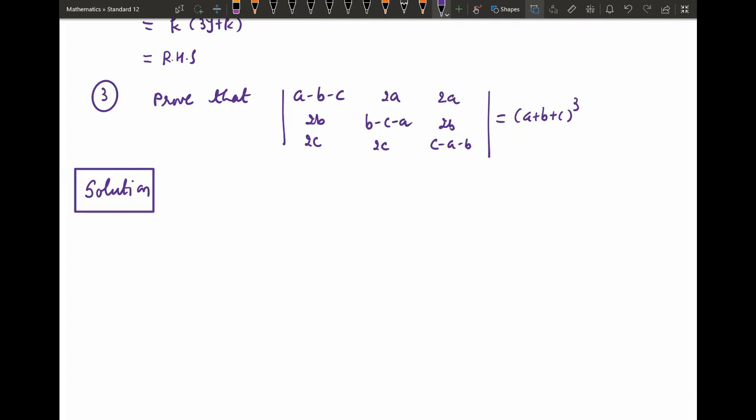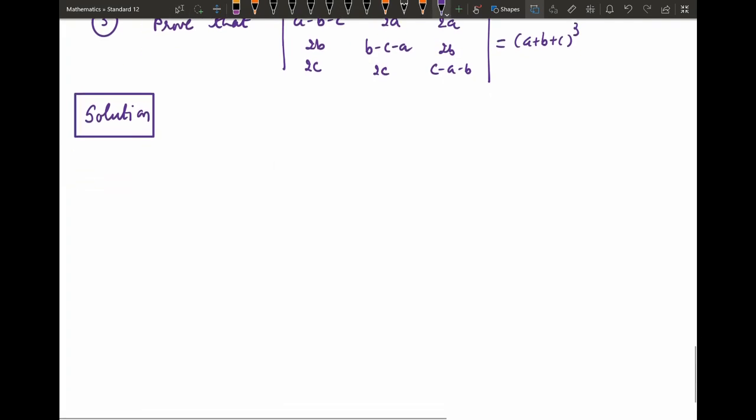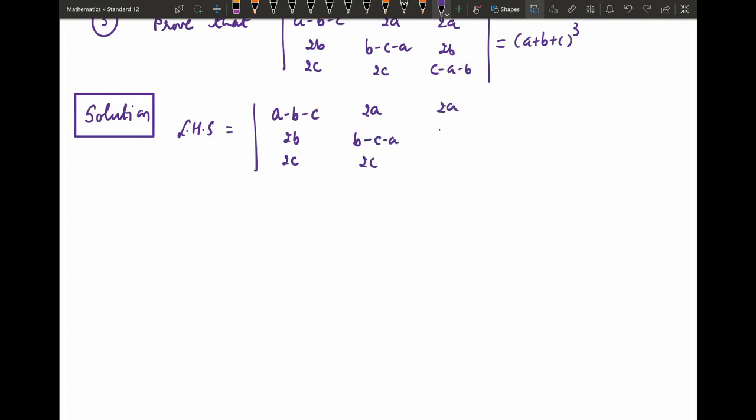Again we will prove LHS equal to RHS. So we start with LHS. A minus b minus c, 2b, 2c, 2a, b minus c minus a, 2c, 2a, 2b, c minus a minus b.